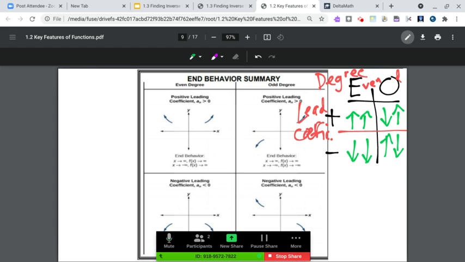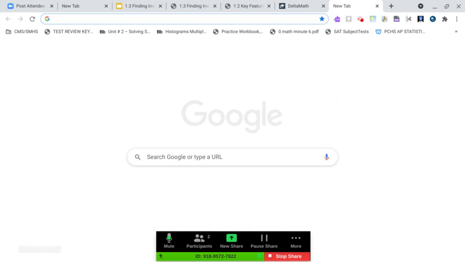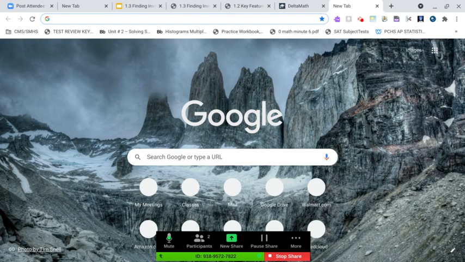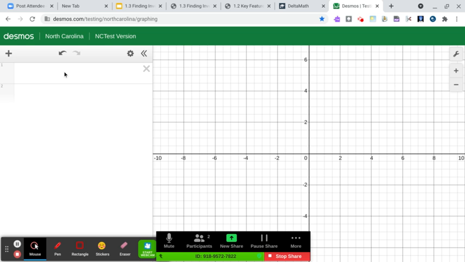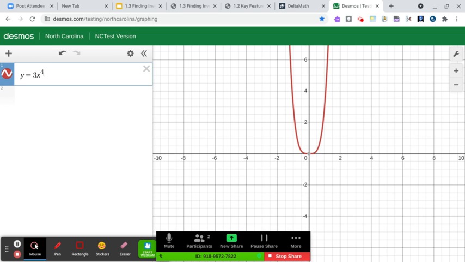Okay, let me show you that on Desmos, just so you get an idea what I'm talking about. We'll show you a couple examples. Okay, let's say we had y equals 3x to the fourth.